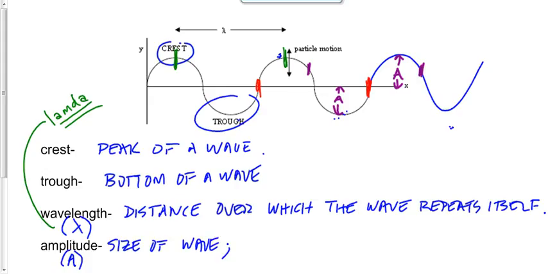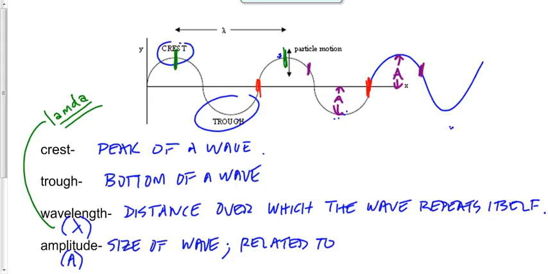And we're going to say that it's related to something. What do you think the amplitude of the wave is related to? If you have a bigger wave, then you have more of this. What's the purpose of a wave?